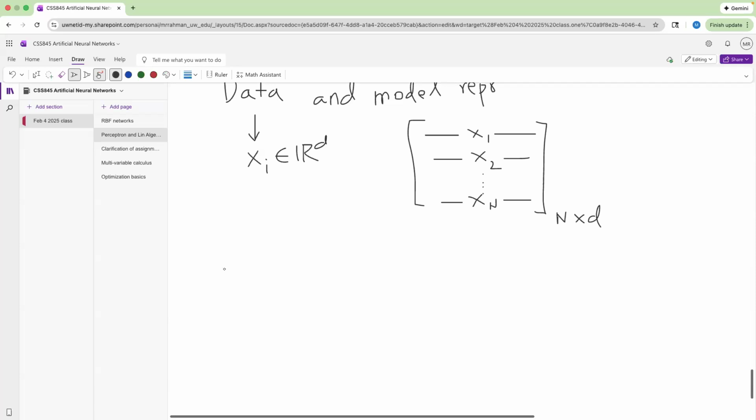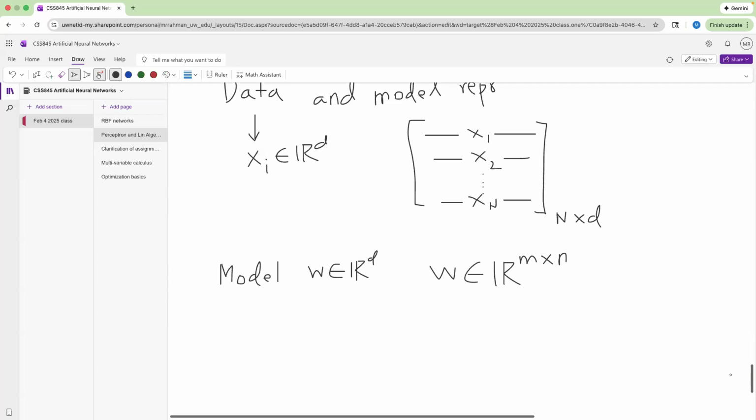And our models are represented by these weight vectors. A model can be, for example for perceptron, a linear vector, but as we'll see later, in general this can become any general m by n matrix.